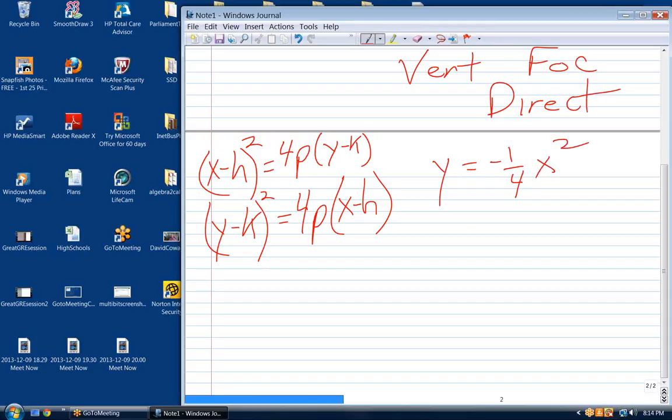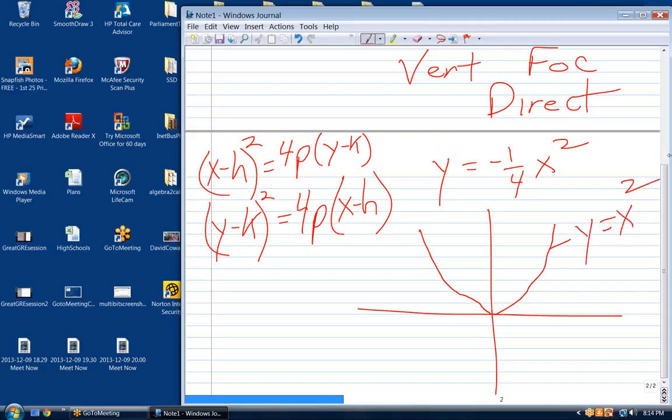Okay. Is this a vertical or a horizontal parabola? The way to remember it is the quadratic that you've worked with for years looks like this. That's y equals x squared. So this has to be a vertical parabola.